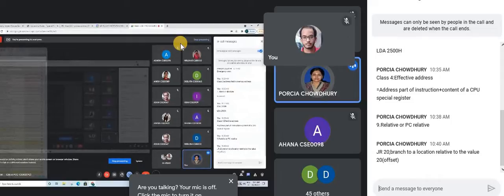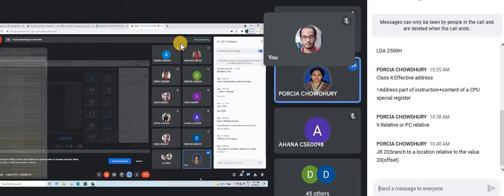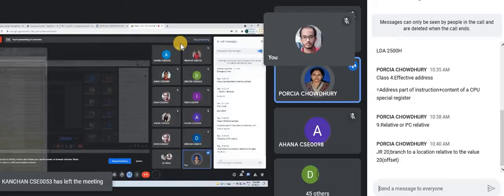Over here, suppose the content of the program counter, PC equals, this is one example, so we have to assume one value for it. The instruction JR 20 is basically a 2-byte instruction, one byte for JR and another byte for 20. Now suppose the content of PC is 2000 plus 2, equal to 2002.